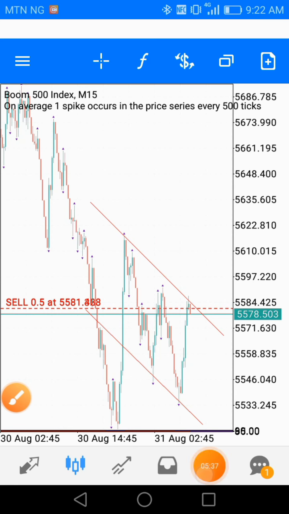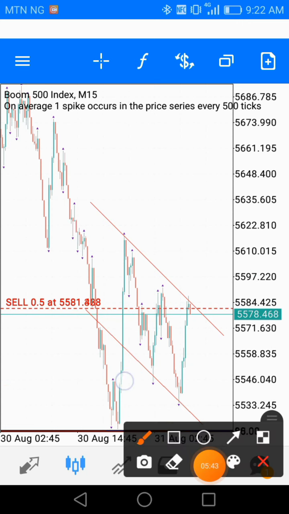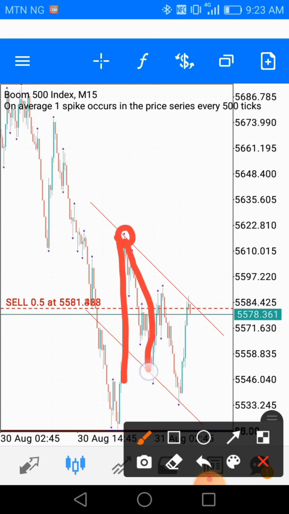Now, when he made this bullish move to this place, he touched this trend line and bounced off, and then came to this place and touched it and then bounced off.